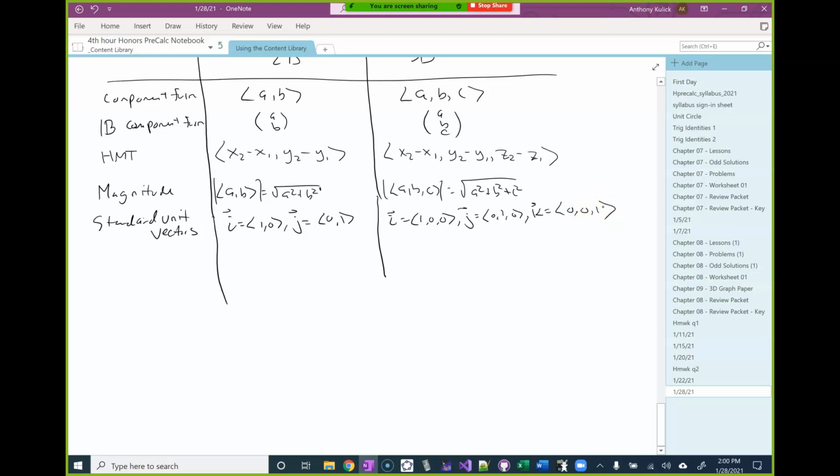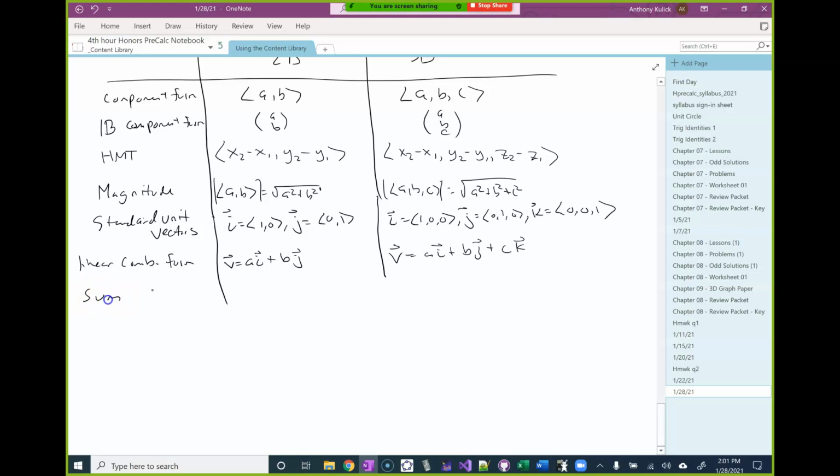And then the linear combination form is obviously the same analog that we've been doing. Right, no big deal there.